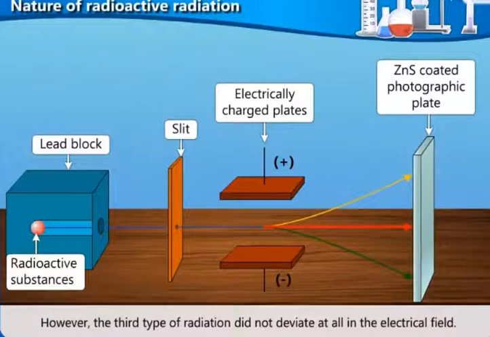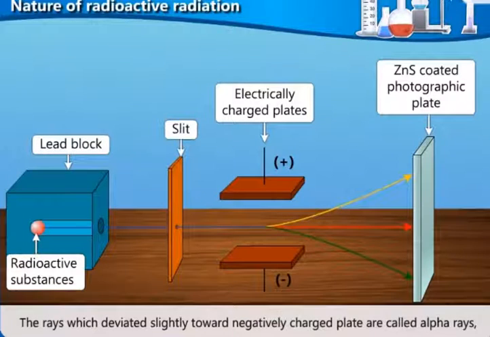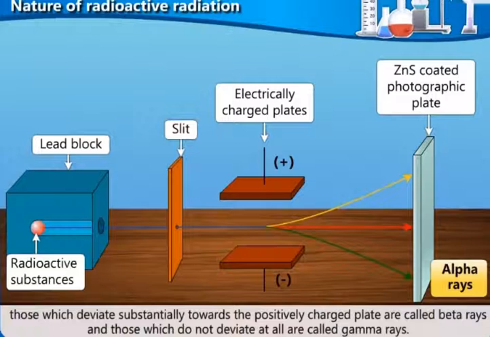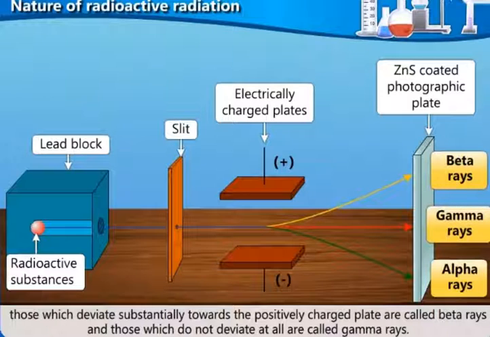However, the 3rd type of radiation did not deviate at all in the electrical field. The rays which deviated slightly towards the negatively charged plate are called alpha rays. Those which deviate substantially towards the positively charged plate are called beta rays, and those which do not deviate at all are called gamma rays.